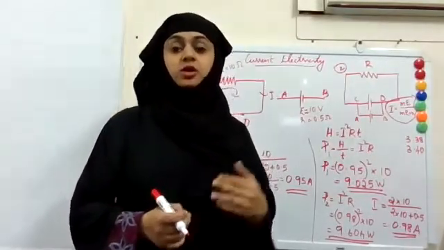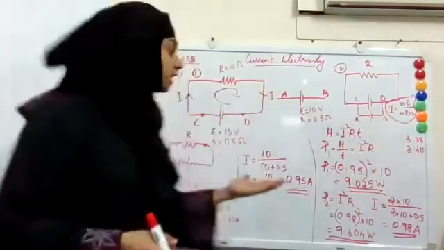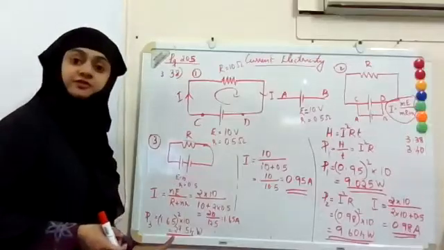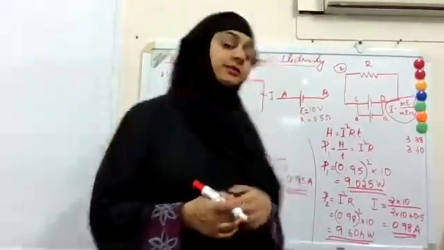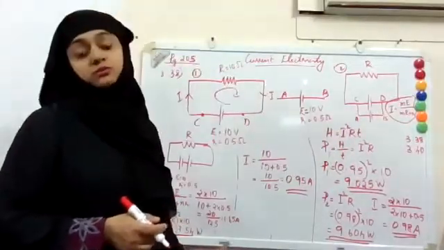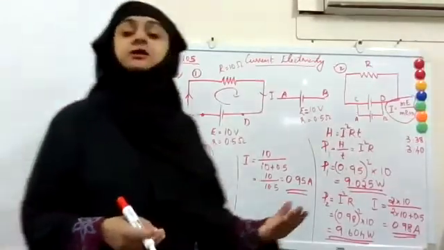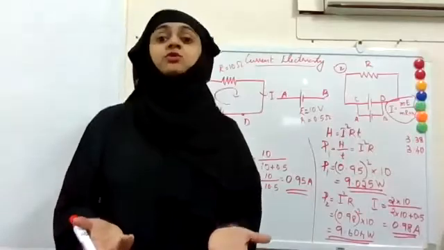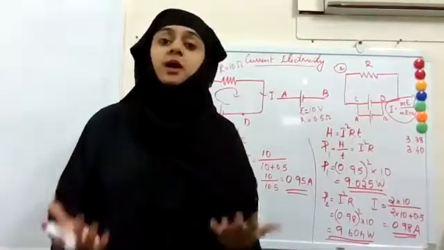Then also the energy is converted into heat, so this is beneficial. But if you have a motor fan as this external resistance, is it beneficial? No. Because more energy is lost as heat. We don't want the energy to be lost as heat. So it depends upon the purpose.